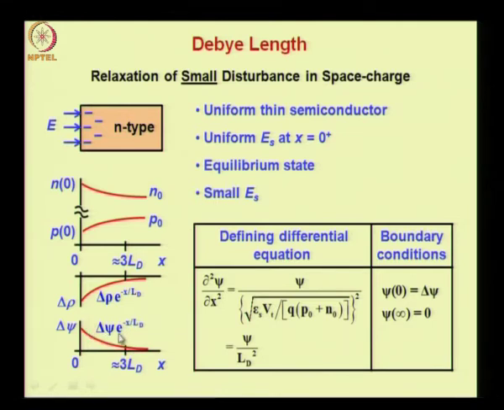It is delta psi into e power minus x by LD, which is the solution of this differential equation, and it is from this exponential behavior that you come to the conclusion that by 3 times the length constant entering into the exponential, the quantity should fall to 5% of its value at the surface.